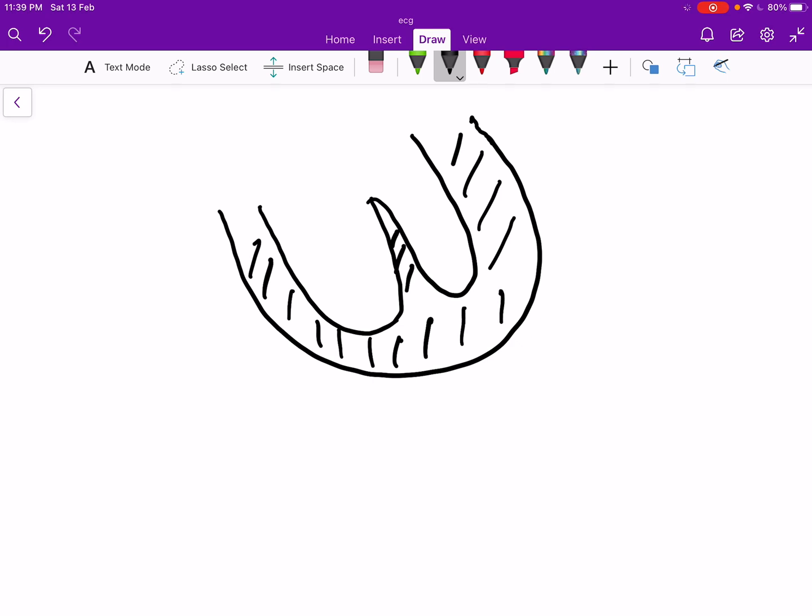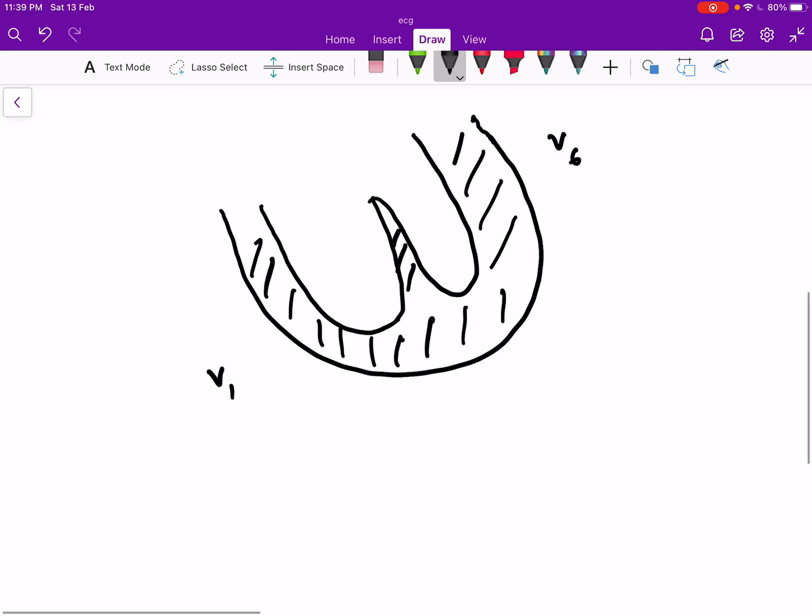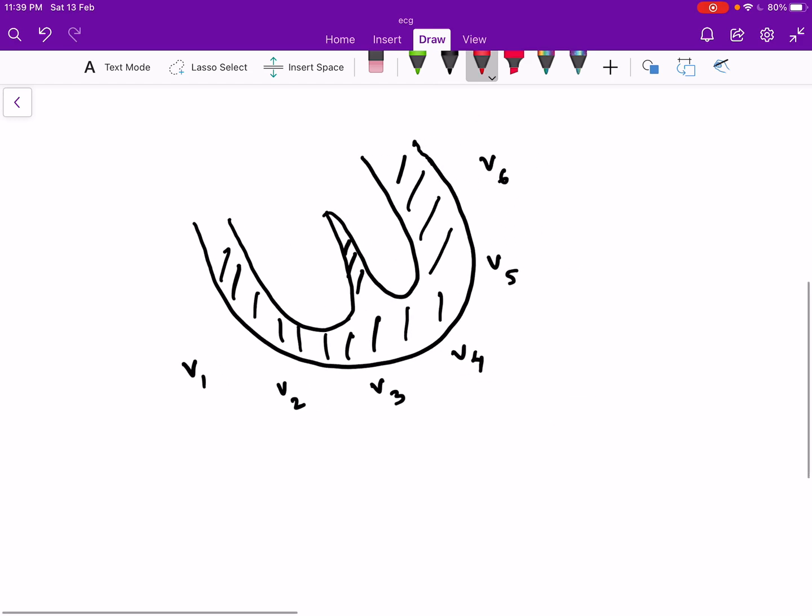If we see the orientation of our chest leads, here somewhere we have V1, here somewhere we have V6, and in between you have V2, V3, V4 and V5. Whenever we have a normal impulse, it reaches down the bundle branches, and from there it diverges into the right and the left bundle branch.